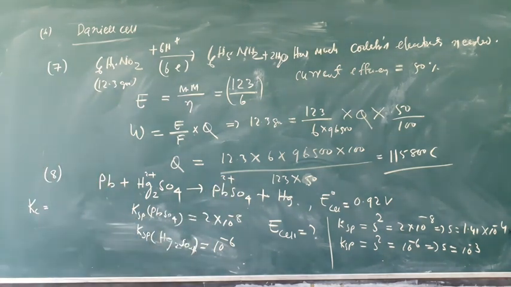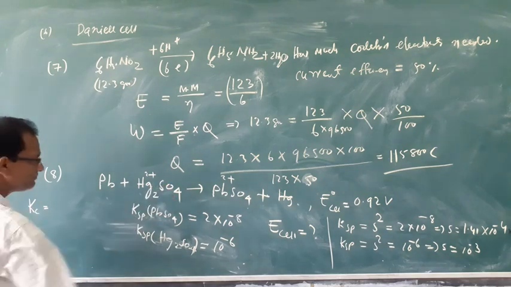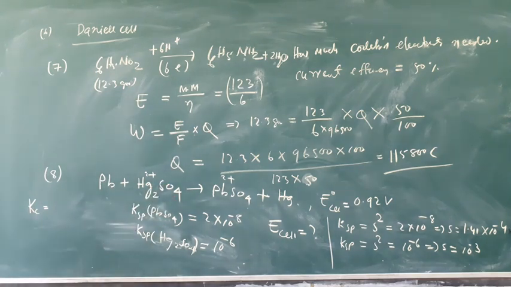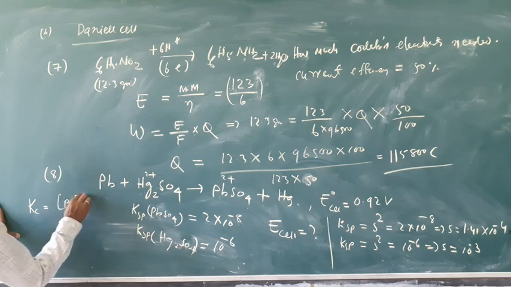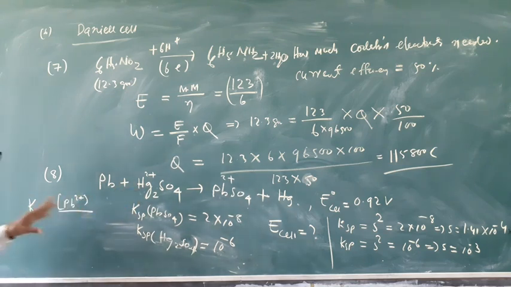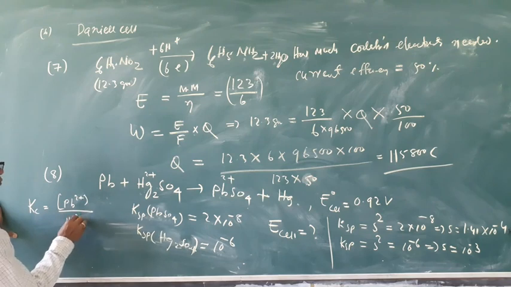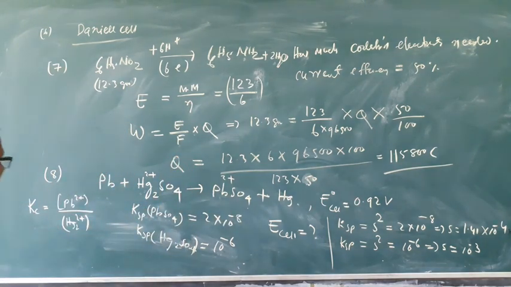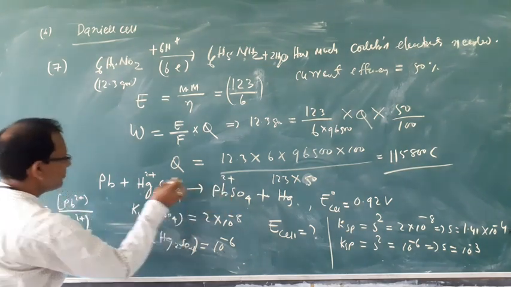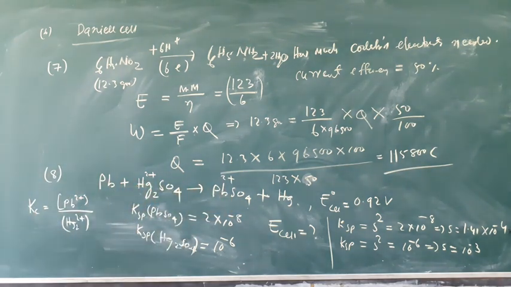So if you see, Kc will be anodic ion upon cathodic ion. The anodic ion is Pb2 plus, so it will be the Pb2 plus concentration upon the mercurous ion Hg2 2 plus concentration, because the others are solid.